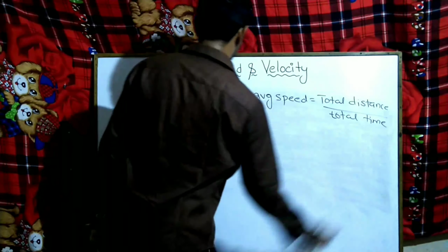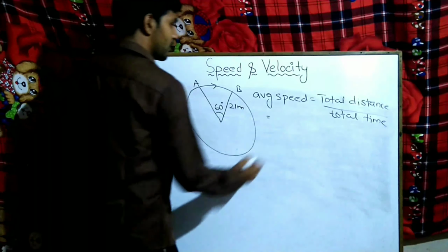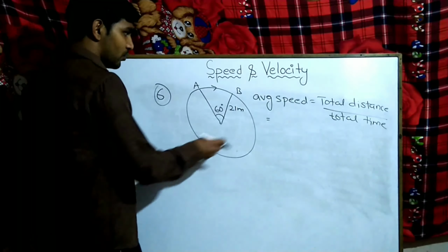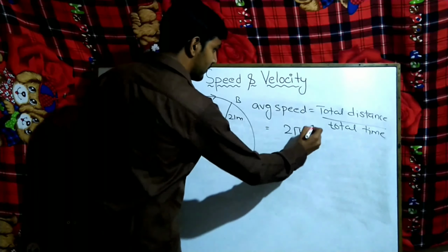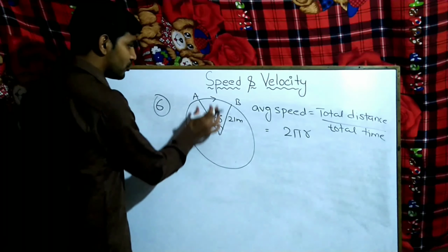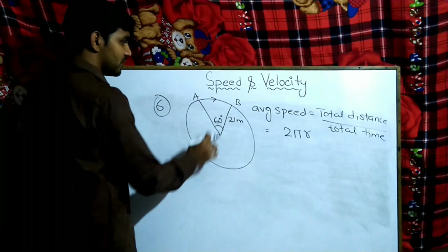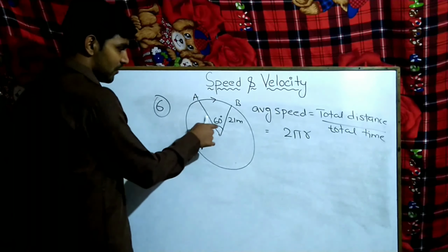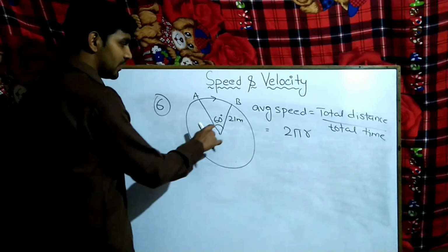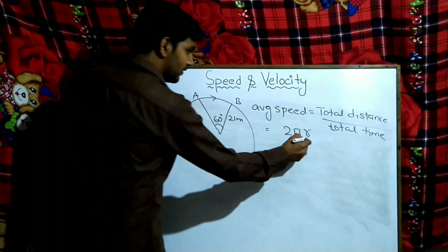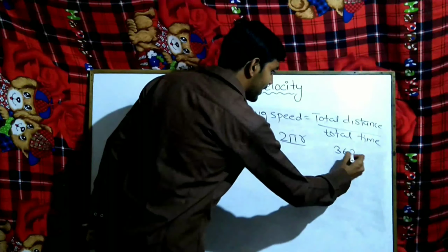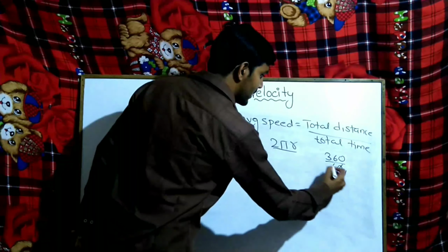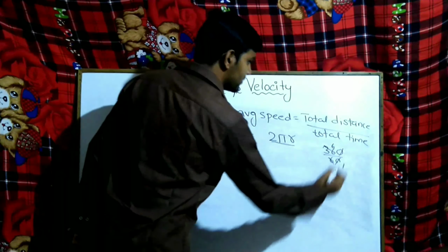Now, total distance: one full revolution is 2 pi r, but we have to take only from A to B, this part, which makes 60 degrees. If the total is 360 and this is 60, then dividing 360 by 60 gives 6.